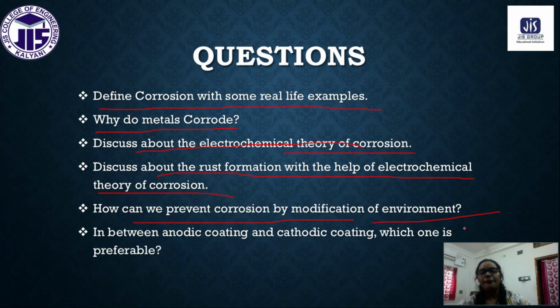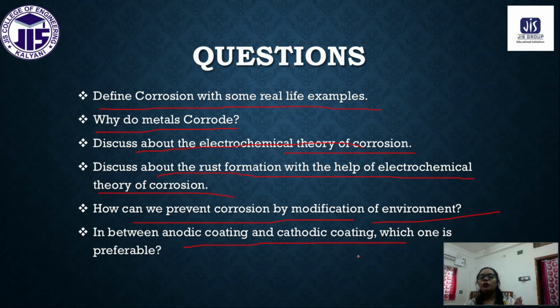Now the next and last question: anodic coating and cathodic coating, which one is preferable? If we take the base metal as iron, then in the galvanic series, metals above iron can be used for anodic coating, and metals below iron in the galvanic series can be used for cathodic coating.